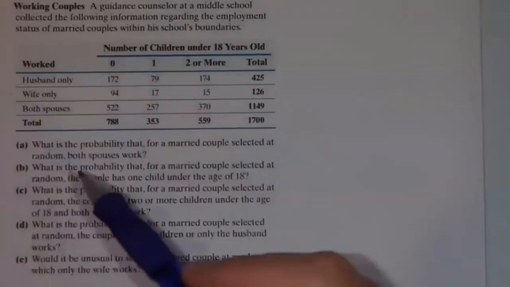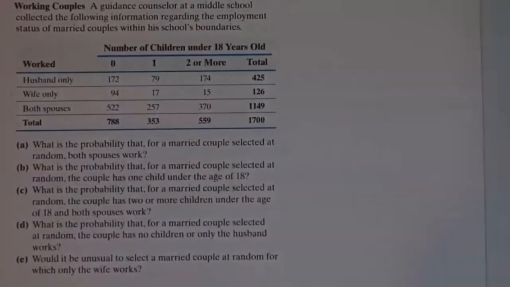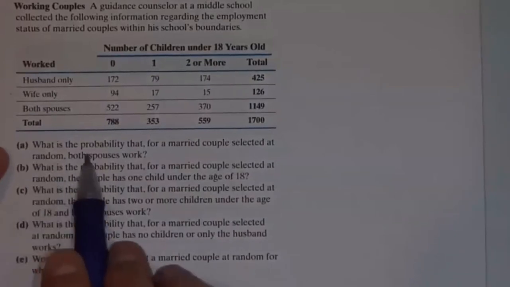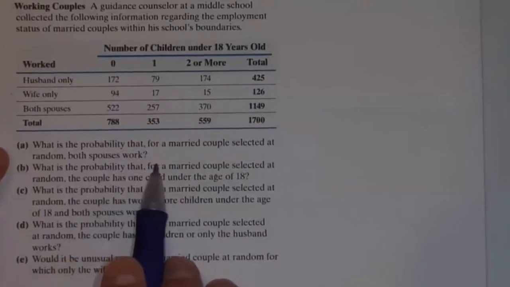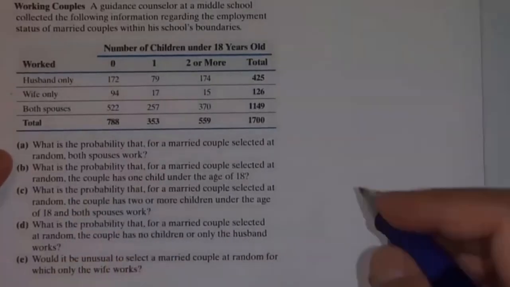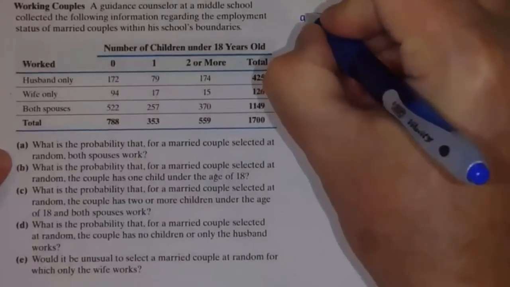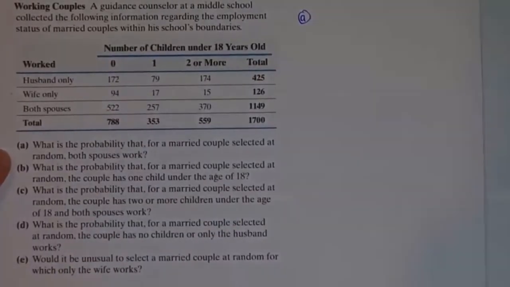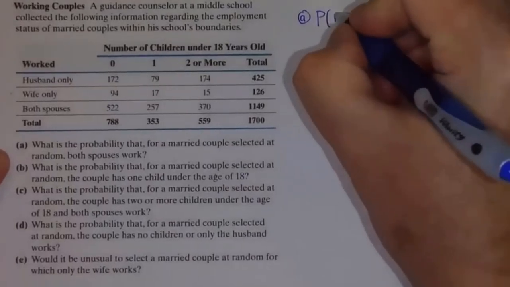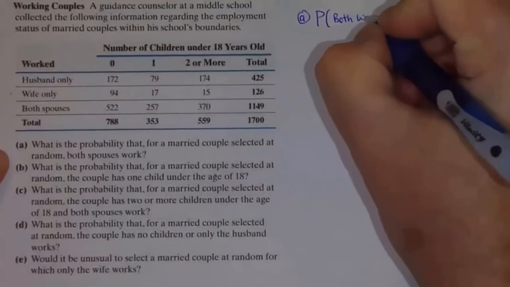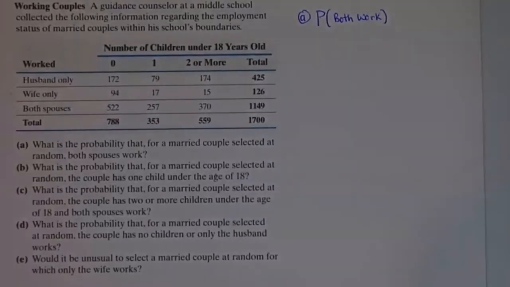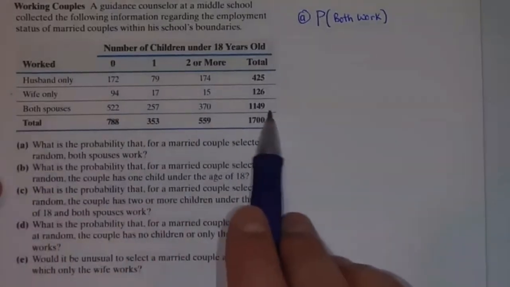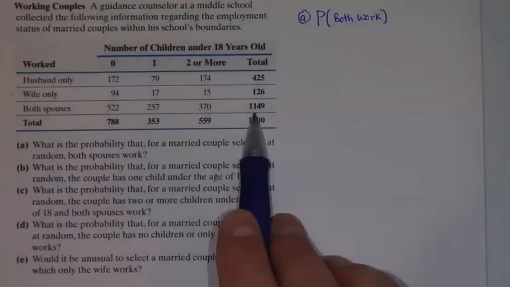So we're supposed to use this information to answer the following probabilities. What is the probability that for a married couple selected at random, both spouses work? So I'm going to come up here just to give myself some room for all of these. So we're looking for the probability that both work. So how am I going to figure out that probability? Well, I need to figure out how many couples there are where both spouses work.